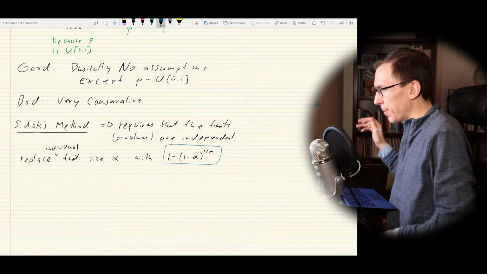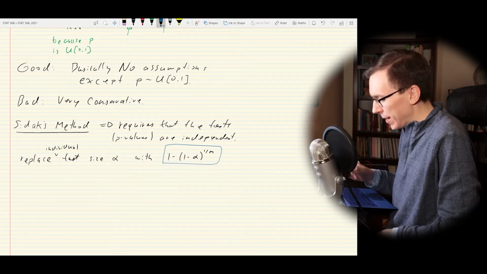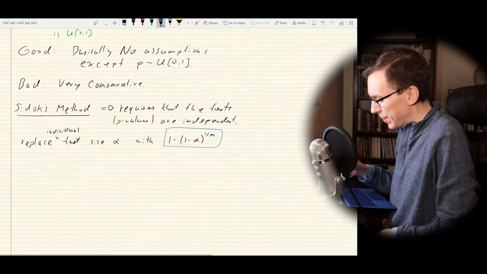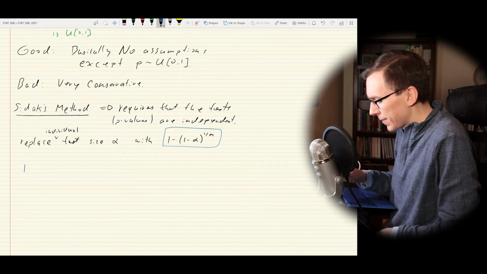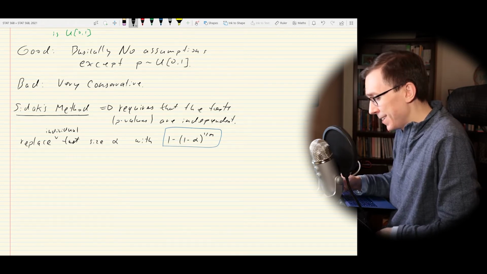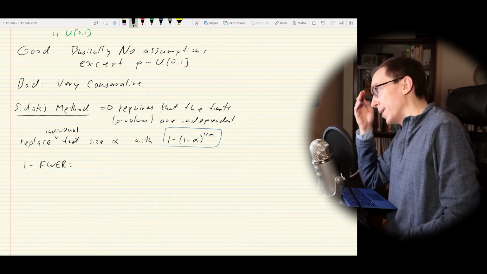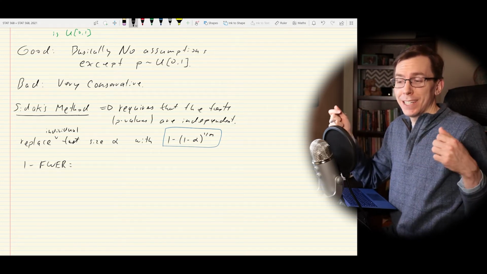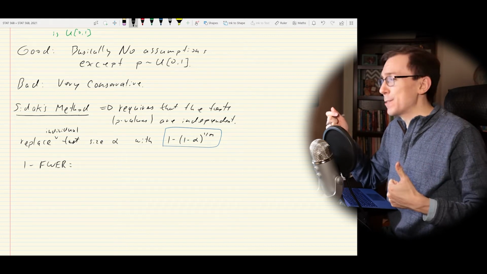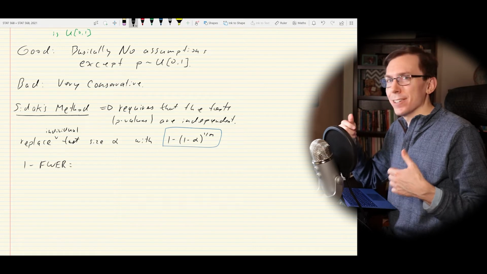So to control the family-wise error rate, in this case, we're going to do a similar equation, but a little bit backwards to what we did with Bonferroni. We're going to start mathematically by saying that 1 minus the family-wise error rate, well, what's that going to be? If the family-wise error rate is a union, the probability that we get at least one false positive, then 1 minus the family-wise error rate is going to be an intersection.